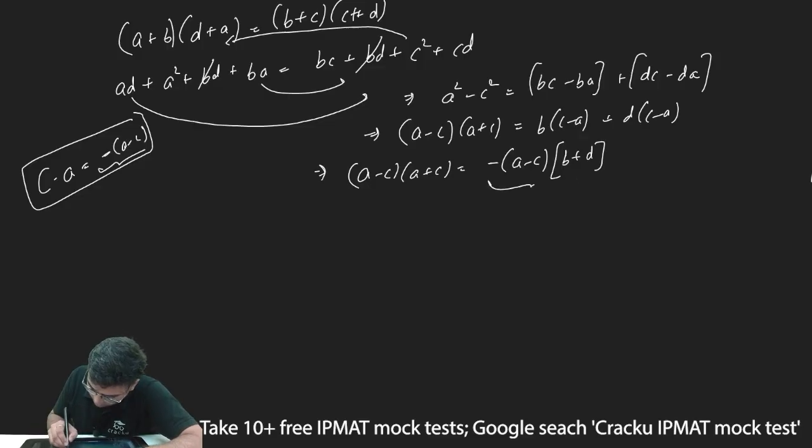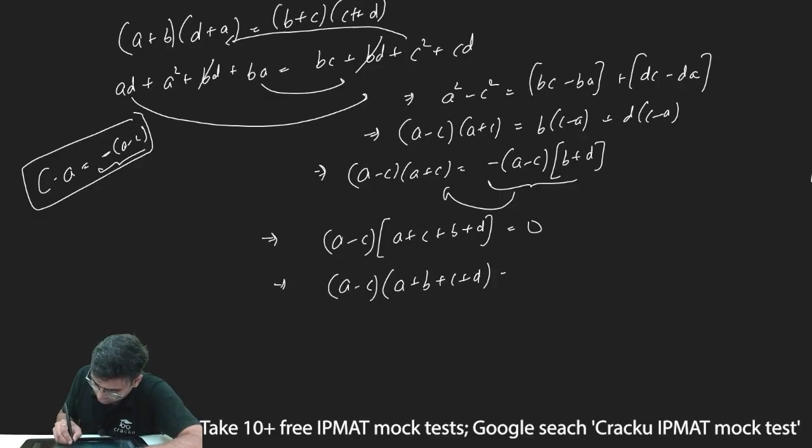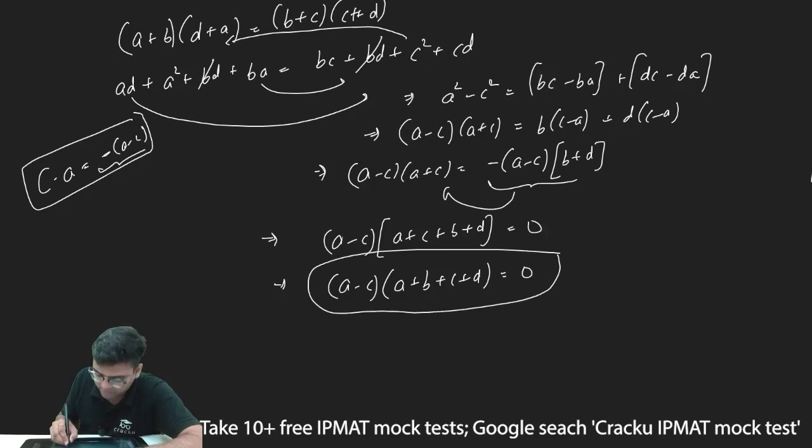Now I'll take this to the left hand side. So a − c will be common again, and this will be a + c + b + d is equal to 0. So what I am trying to say is (a − c)(a + b + c + d) should be equal to 0. So this is our simplified equation.